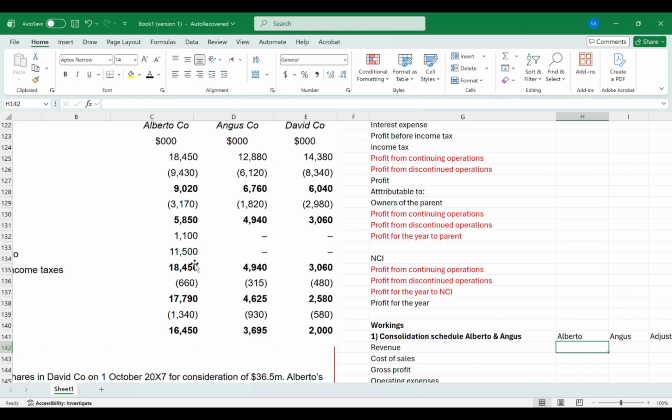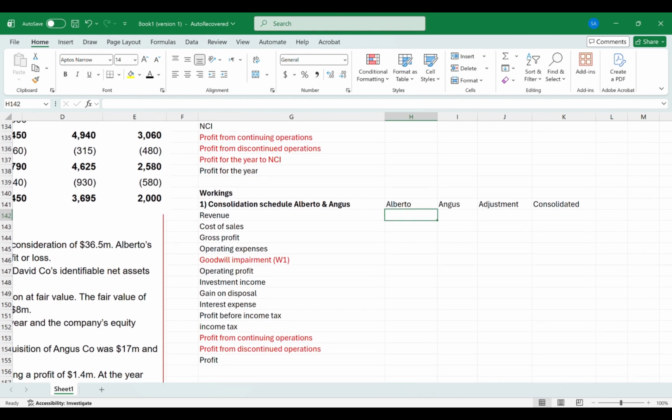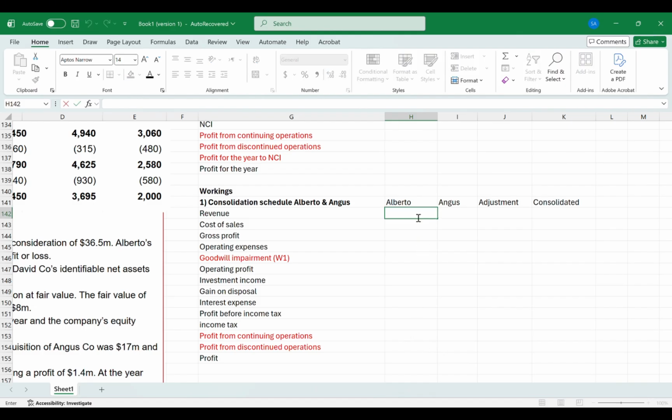Gain on disposal 11,500. 660 and 1,340. So parent as it is, you can write 18,450. Then cost of sales minus 9,430.